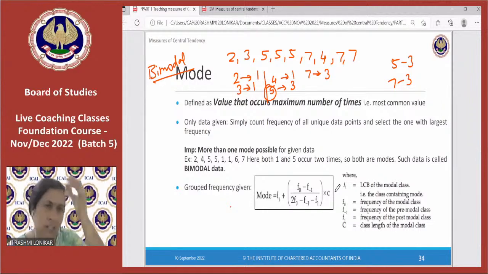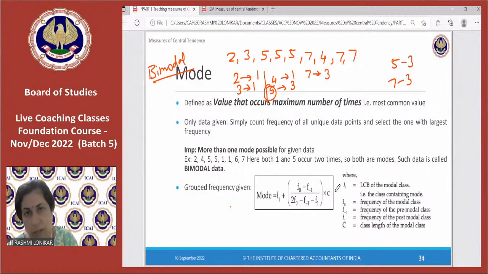How do I do this? I just have to look at the frequency column and see which is the highest number. Corresponding to that, you will find the modal class, and the lower class limit of that modal class I am going to use here.